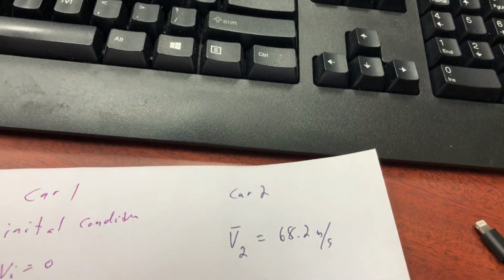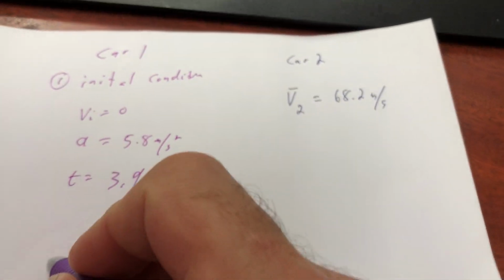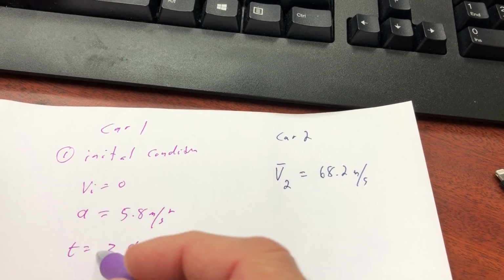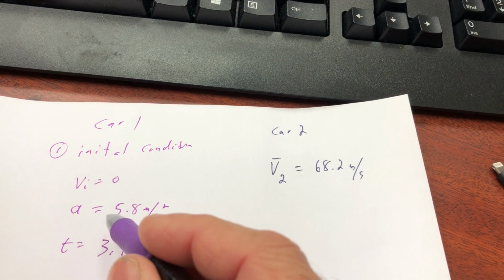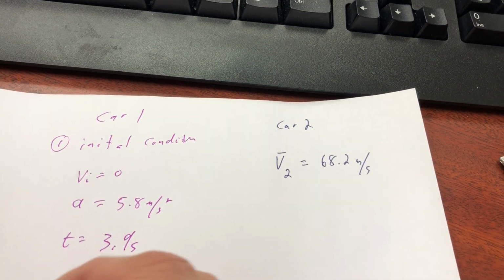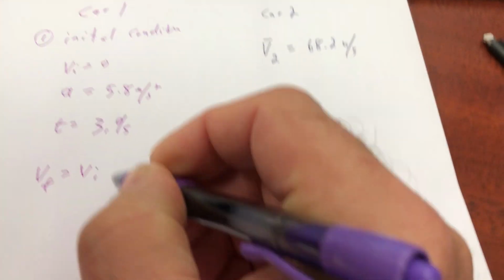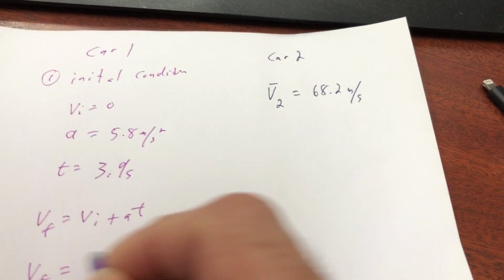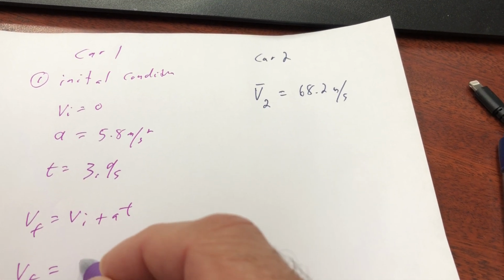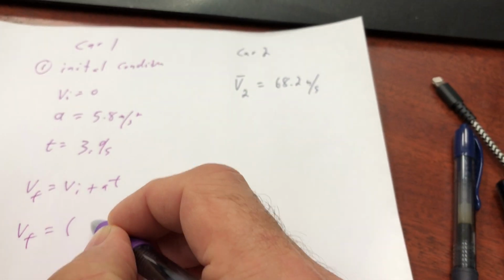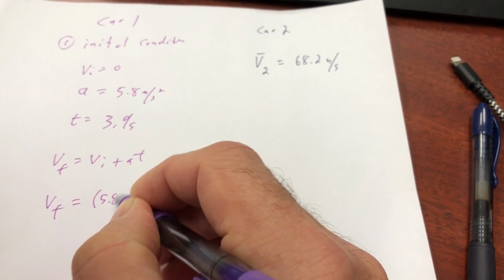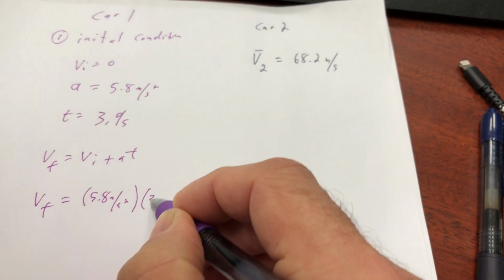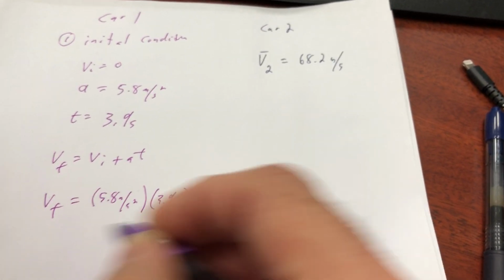So going back to these initial conditions here, I can say, well, all right, how fast is the car going after it enters the speedway? So I'll say VF is equal to VI plus AT. So VF is equal to 0 plus the product of the acceleration, 5.8 meters per second squared, times the time, which is 3.9 seconds.